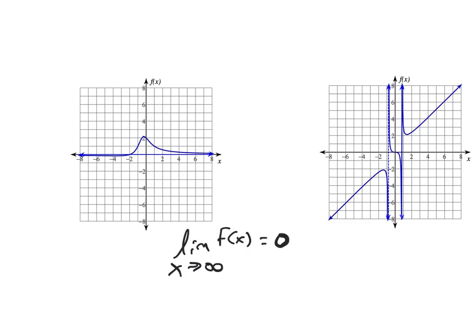It's going down towards 0. That actually means there's a horizontal asymptote there.